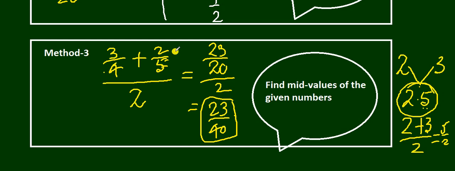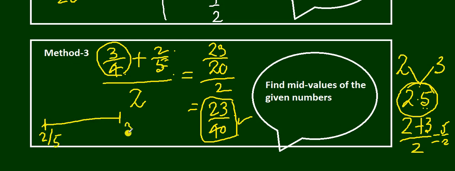If I want to find another number, I can continue the process. I can find a number between 3 over 4 and 23 over 40, or between 2 over 5 and 23 over 40. If this is my 2 over 5, 0.4, and this is my 3 over 4, then 23 over 40 will correspond to this particular point.